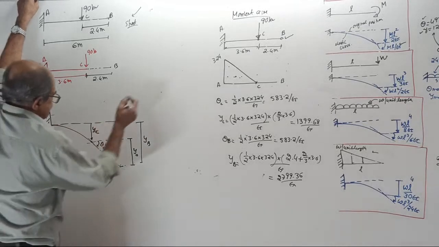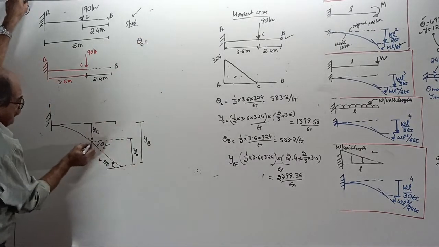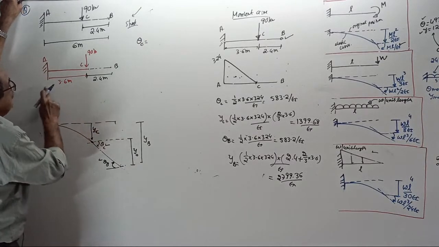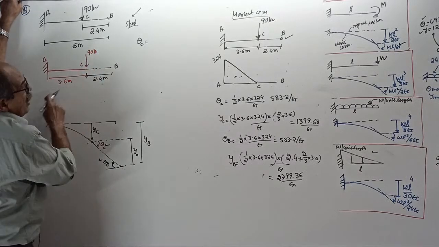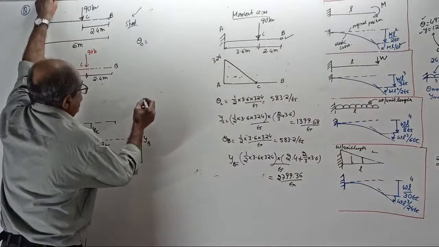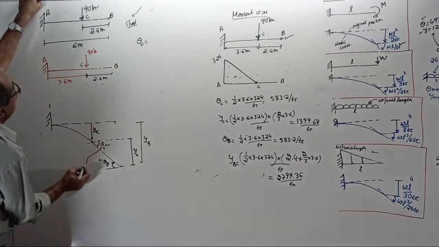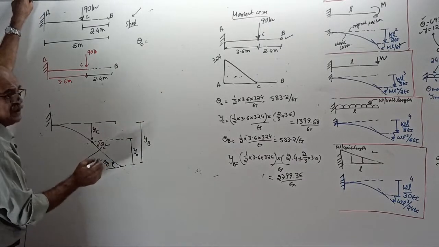Start. First, theta C, slope here. Cantilever beam of span 3.6, point load 90. See the formula there, slope, WL square by 2EI. You write if you want. So, your theta C will be W L square by 2EI.